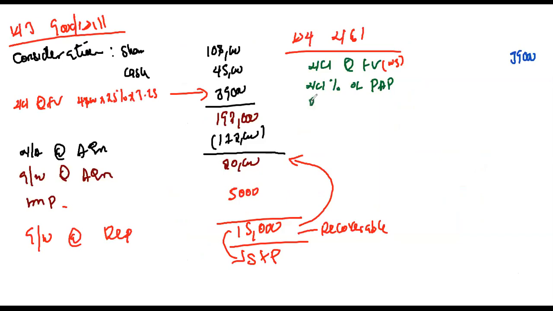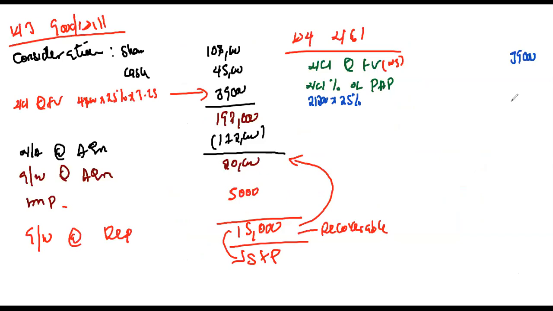So we're going to say 21,200. We multiply that by the 25%. What is the NCI percentage of that?